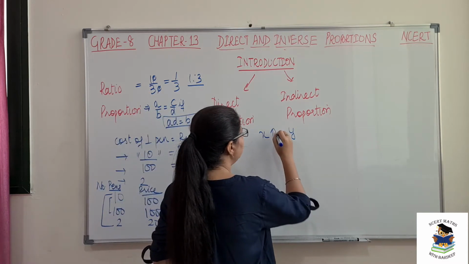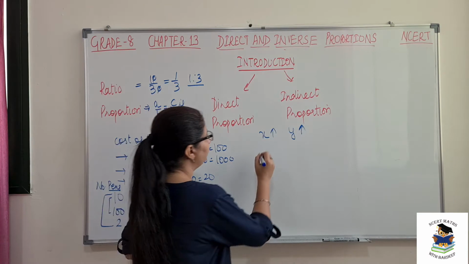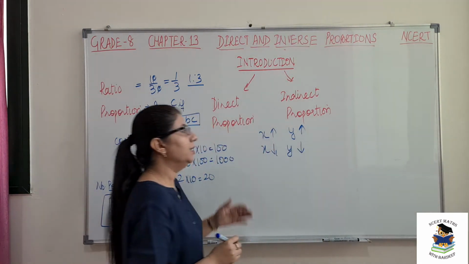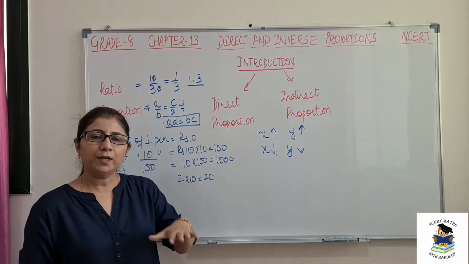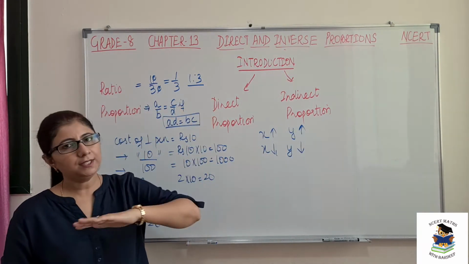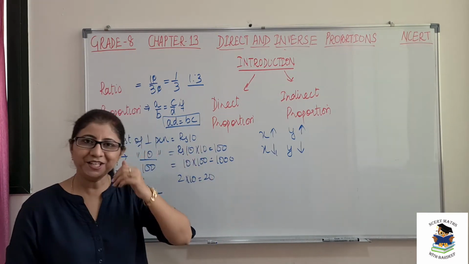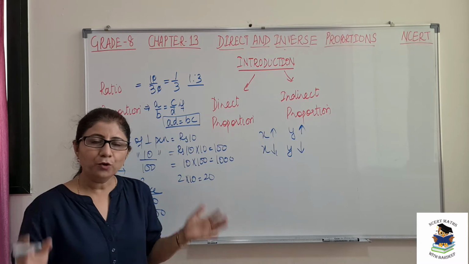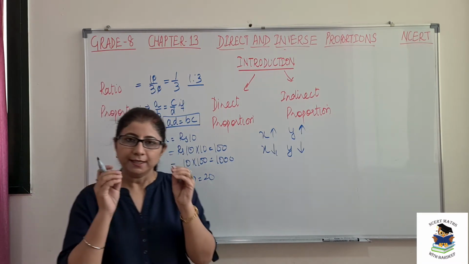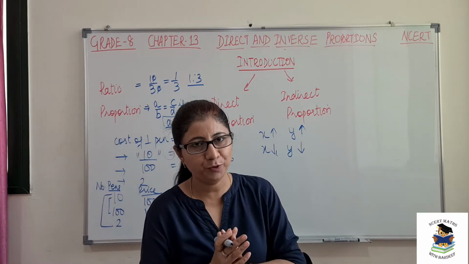Okay, if one is increasing, second is also increasing, or if one is decreasing, second is also decreasing. So that means both quantities are going in the same direction. If one is increasing, second is also increasing. If one is decreasing, second is also decreasing. If both quantities are going in the same direction, that quantities are said to be in direct proportion.